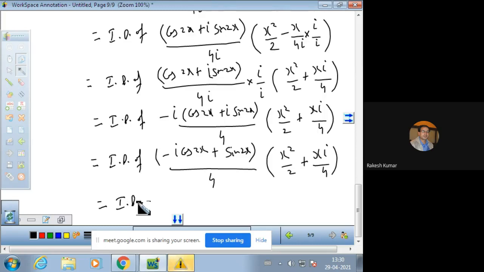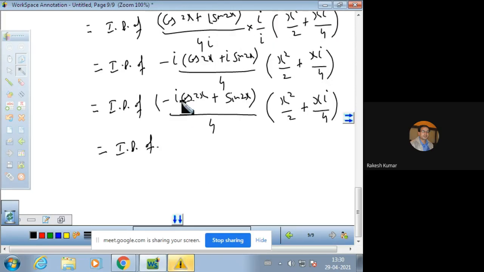Now imaginary part of, multiply these two bracket terms with each other. So you will have minus iota cos 2x will be multiplied here. So minus iota x square cos 2x over 2, and the same term will be multiplied here.